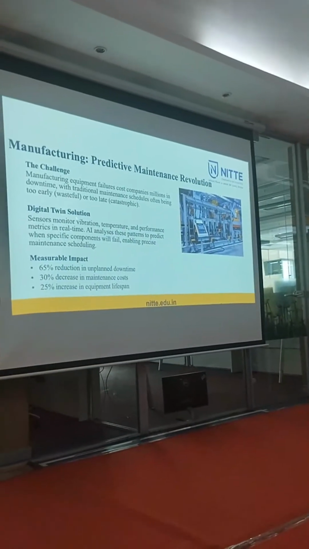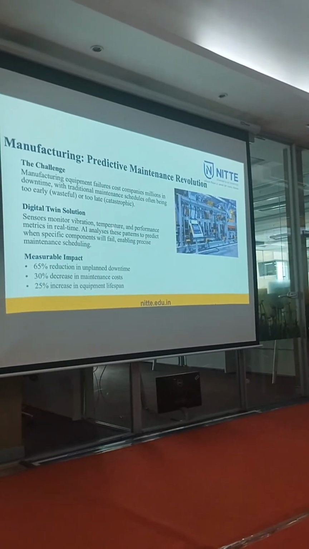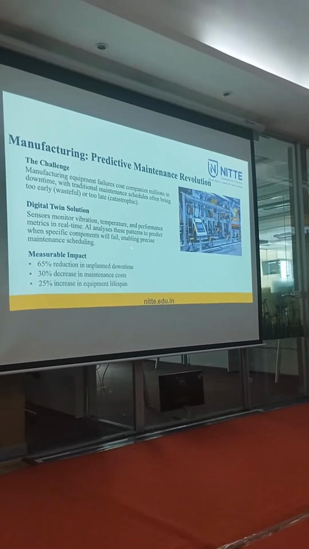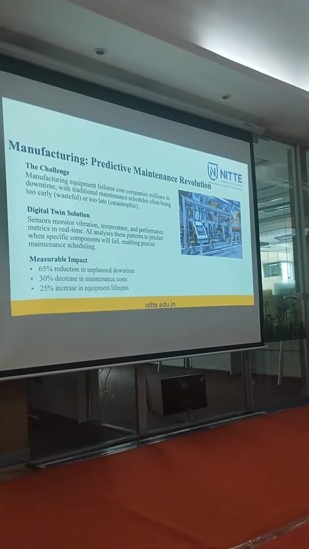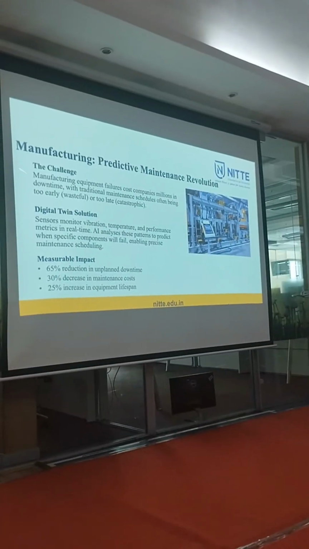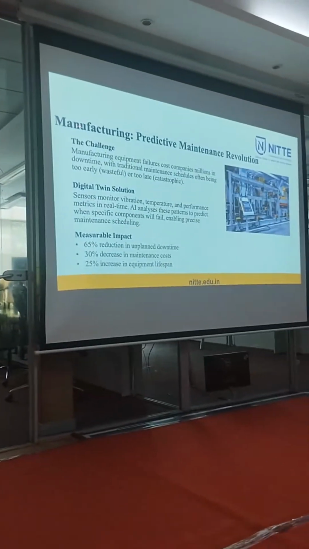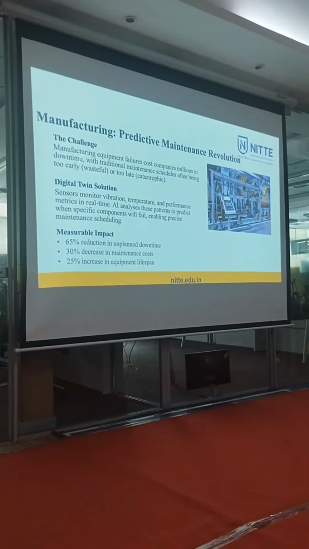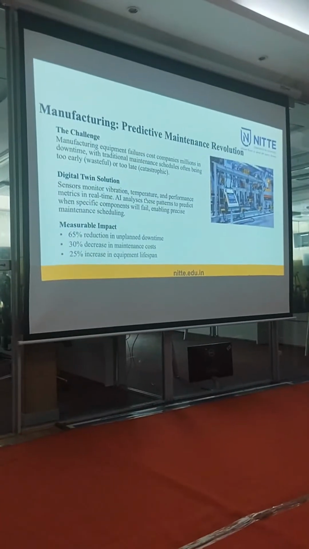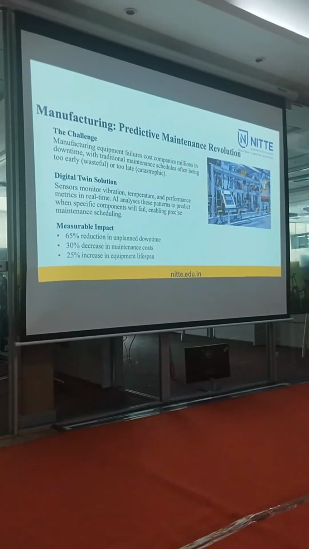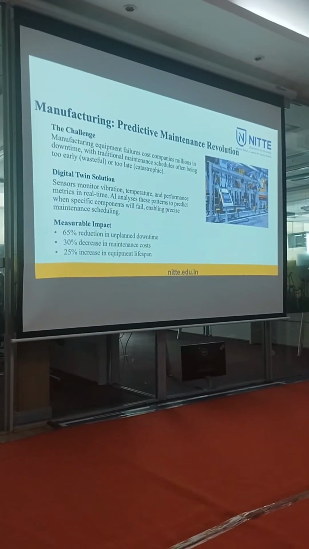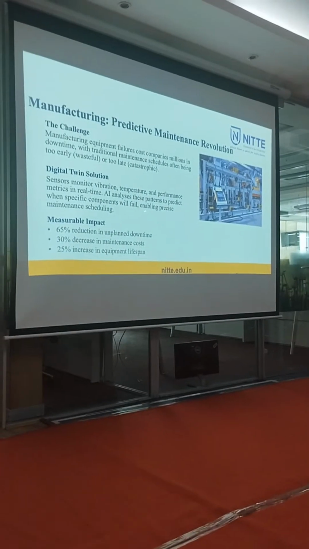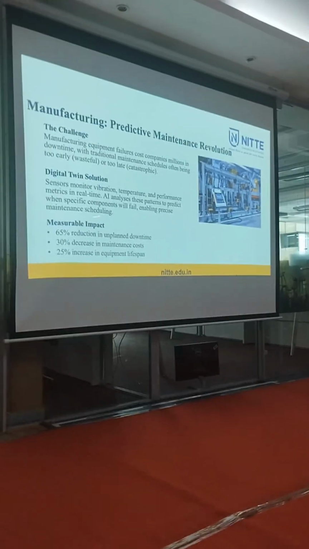Sensors monitor vibration, temperature, and performance metrics in real time. AI analyzes these patterns. People were using knowledge graphs and other things before the existence of the digital twin as the technology which every individual can explore and implement. So AI analyzes these patterns to predict when specific components will fail, enabling precise maintenance scheduling.